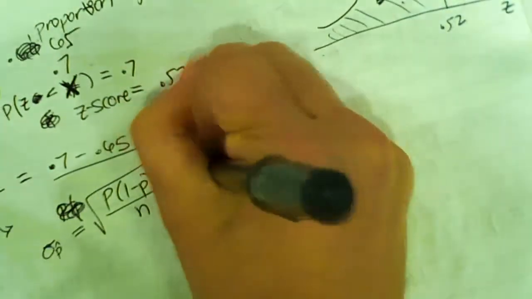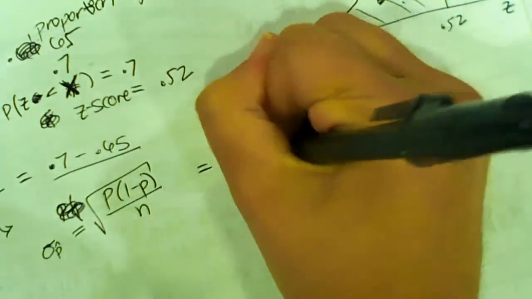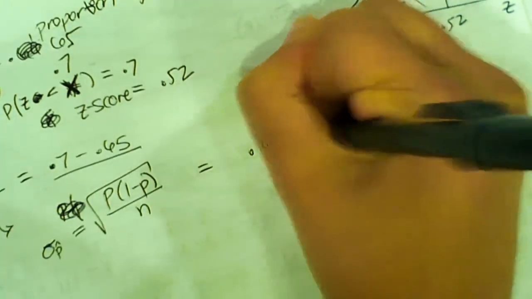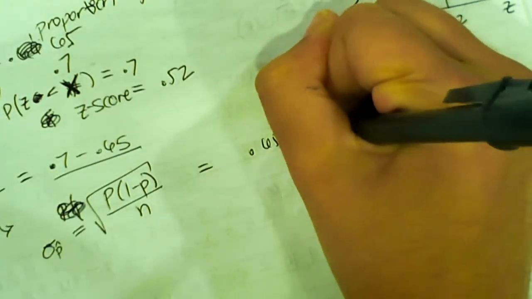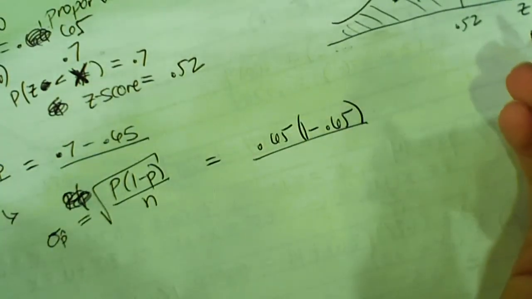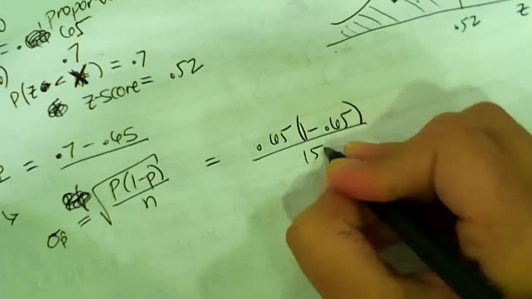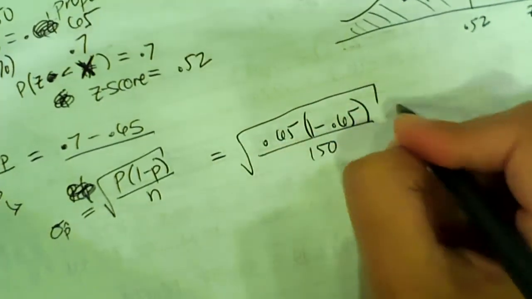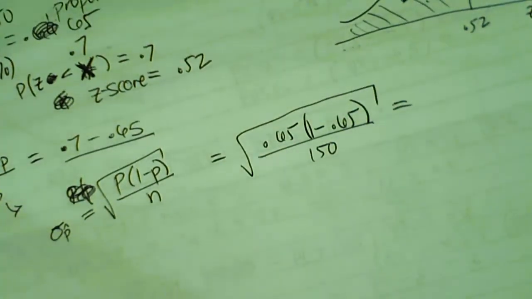So 0.65, 1 minus 0.65, N is 150, and then the square root of everything.